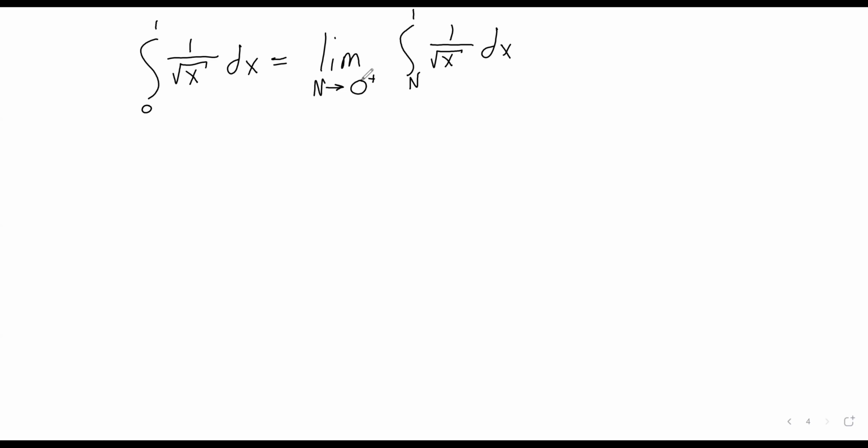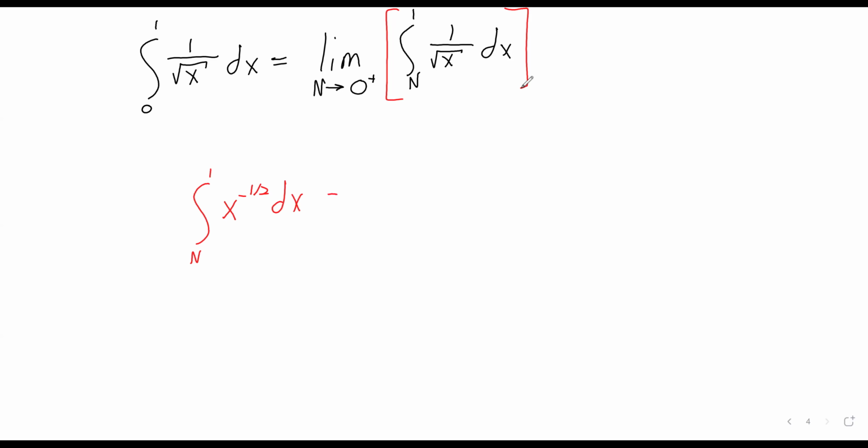The way we're going to find an integral like this is we're going to ignore the limit for a moment. We're going to take that definite integral, and then we're going to see what happens to the definite integral as n goes to zero. So this is x to the negative 1/2.